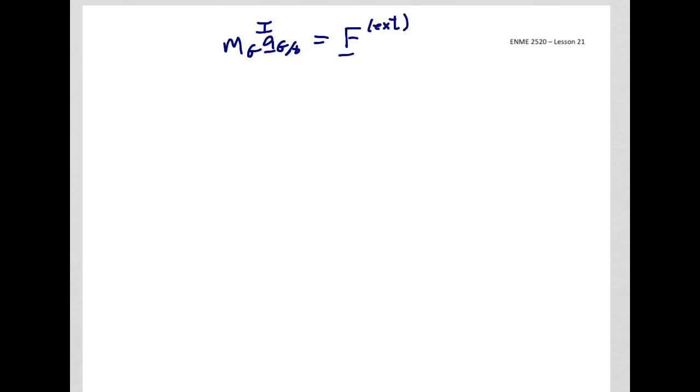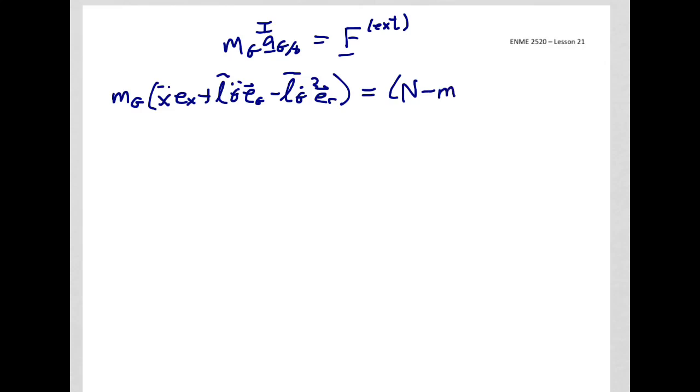And when we do that, we get mg multiplied times x double dot in the EX direction, plus L hat theta double dot in the E theta direction, minus L hat theta dot squared in the ER direction, and this is equal to N minus the mass of the center of gravity multiplied times gravity, in the EY direction.